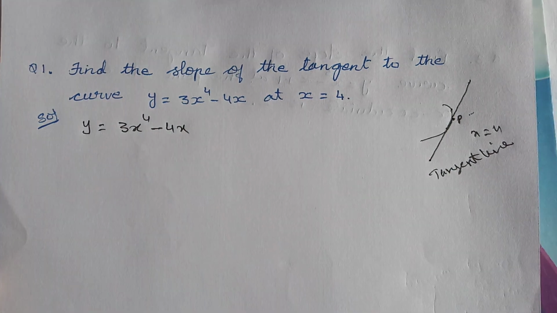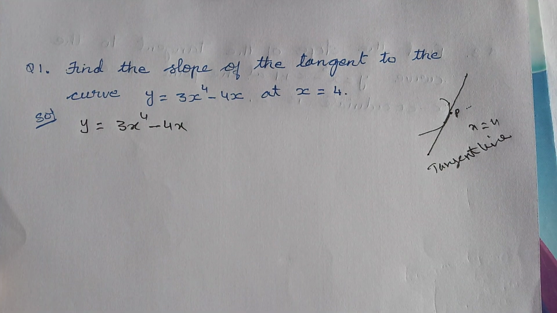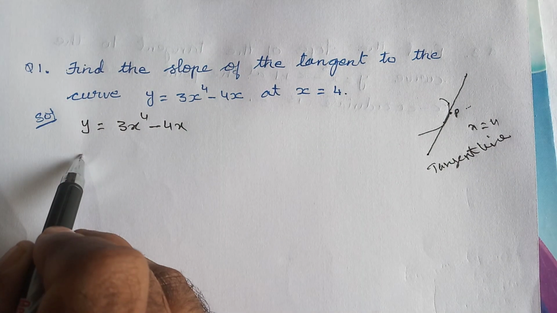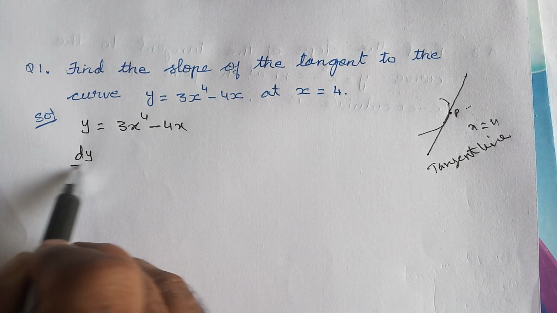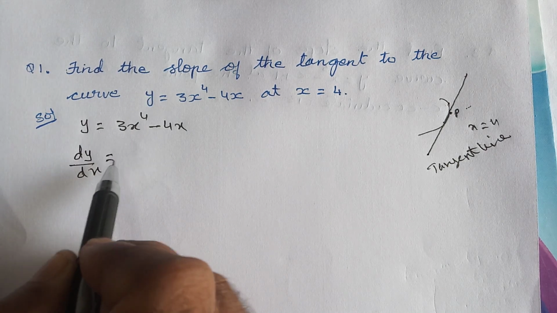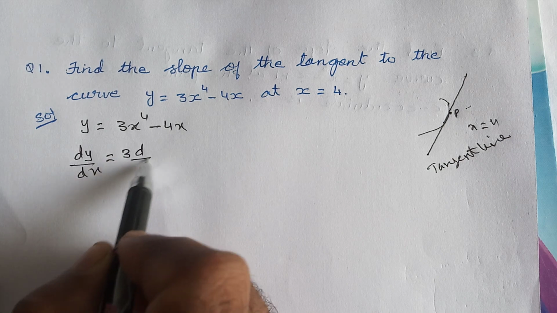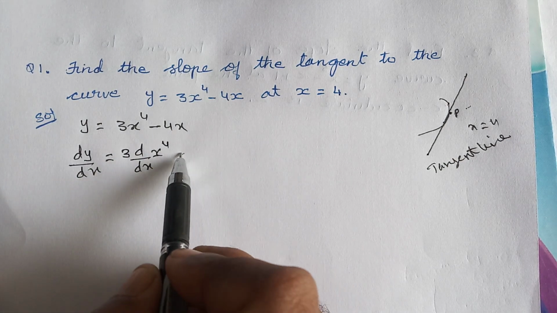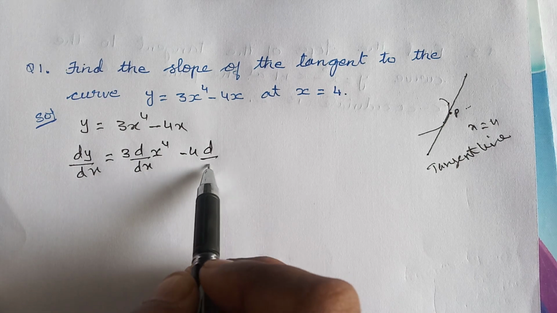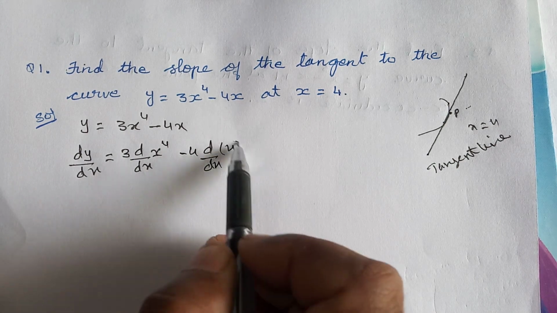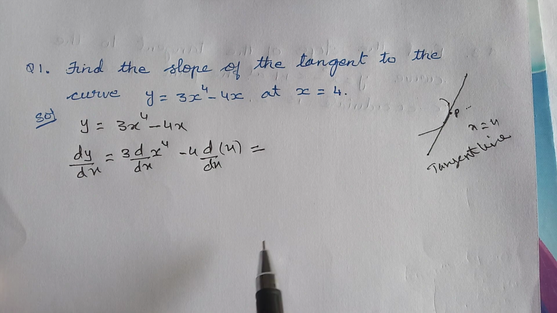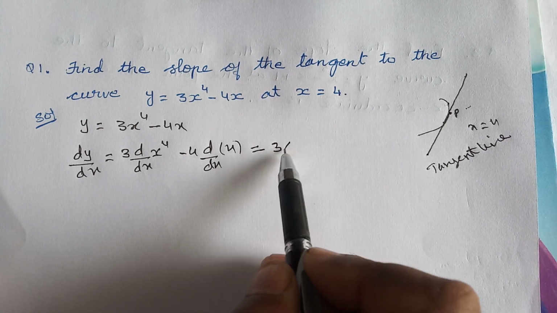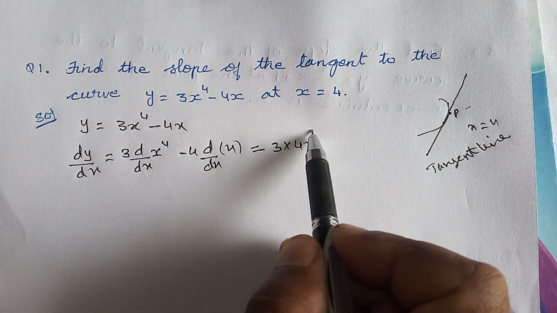Now you have to take the derivative with respect to x on both sides. That is dy by dx, constant outside, d by dx of x to the power of 4, minus 4 outside, d by dx of x. If you simplify, you will get 3 into 4x cube.